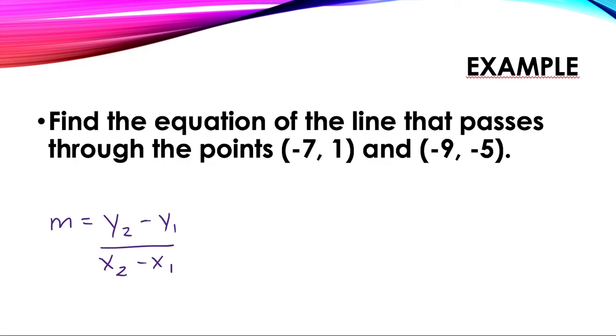Remember that we've noted that it's a good idea to label your points. So this is your first x and your first y. This is your second x and your second y. So now we're ready to plug in. In place of the y2, I'm going to put a -5.